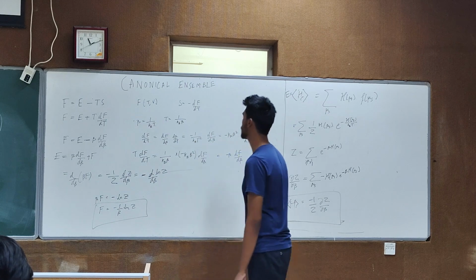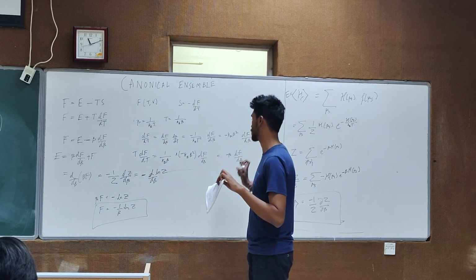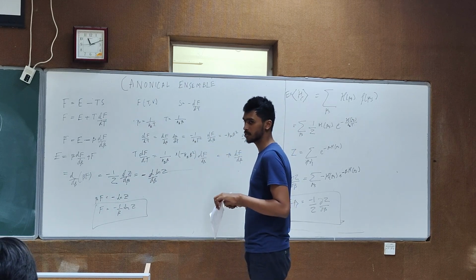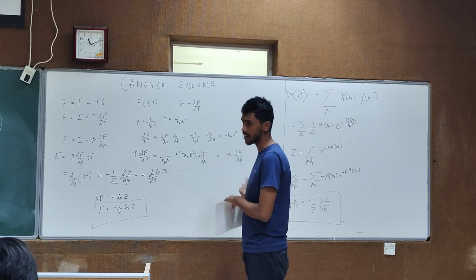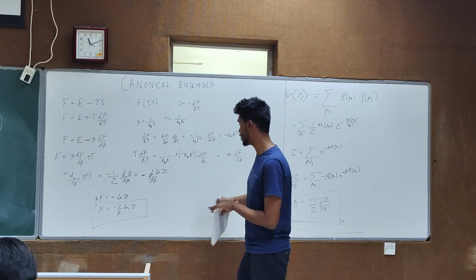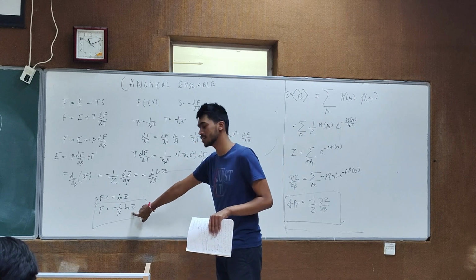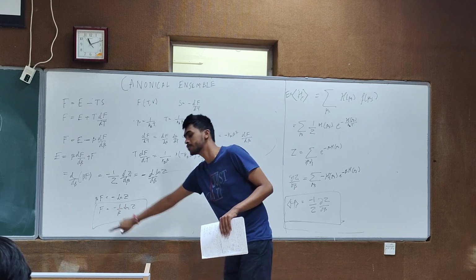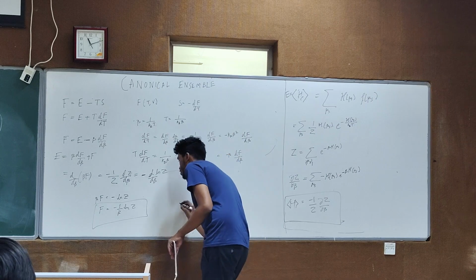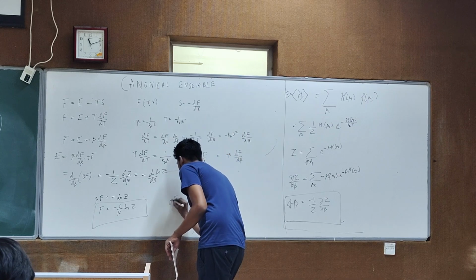So what is your task? You have the probability distribution. Now you have to somehow compute the partition function. And once you're given the partition function, using this simple relation you get the Helmholtz free energy. And from Helmholtz free energy, you get the entropy.